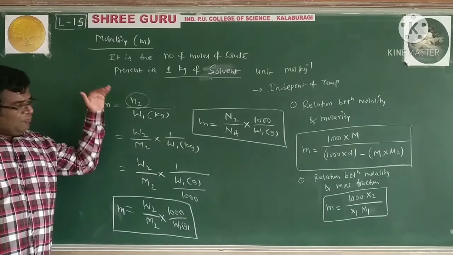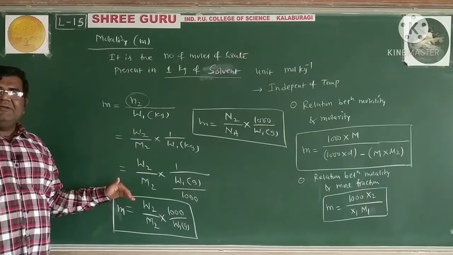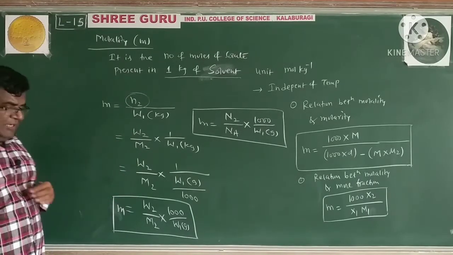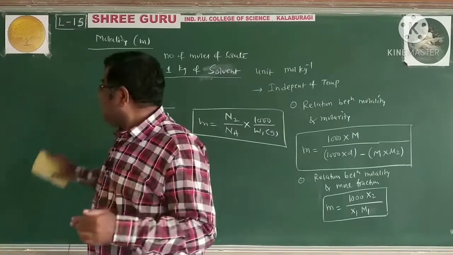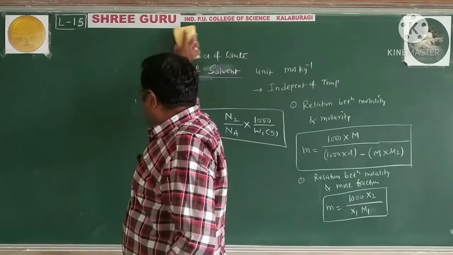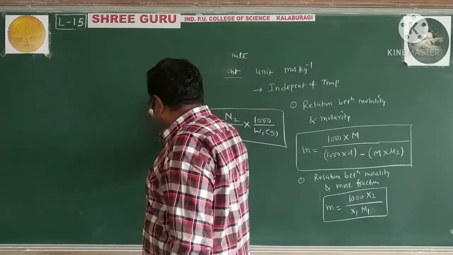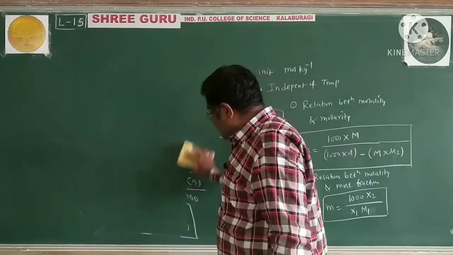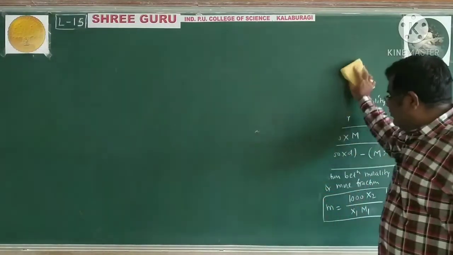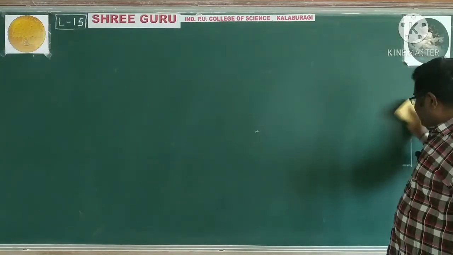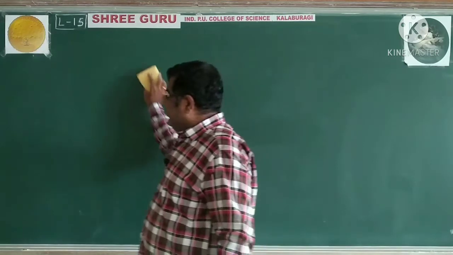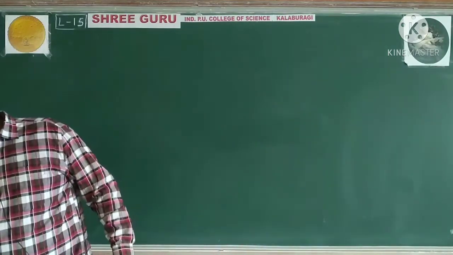We'll make one list of formulas so that we can use them effectively in the calculation part. So I will make that list. You also make the list of these formulas, because we can use them very efficiently if we know the meaning of them, and most importantly what the various terms we are dealing with mean.